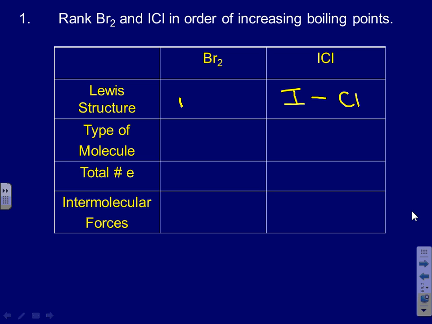And we've seen Br2. So type of molecule, bromine, what is it? Nonpolar.